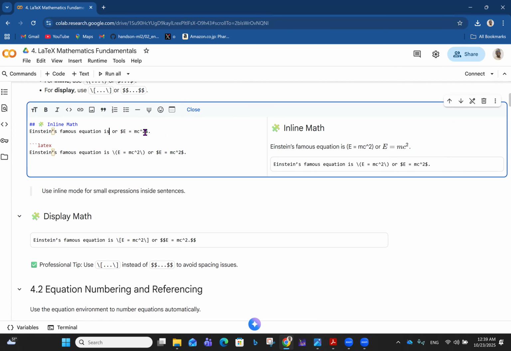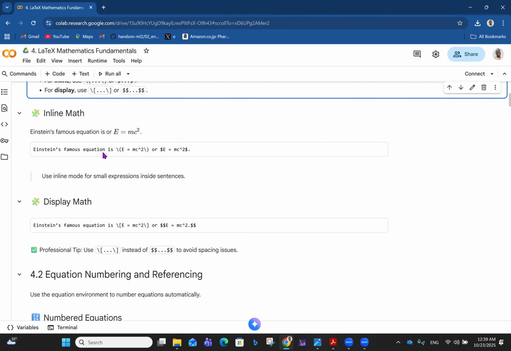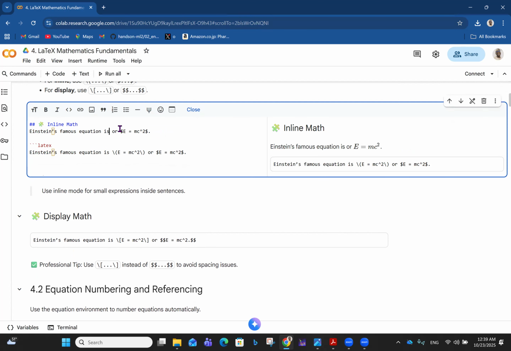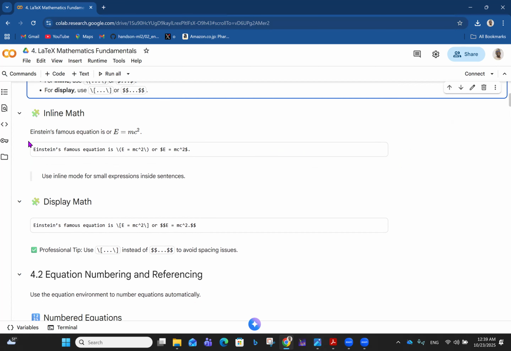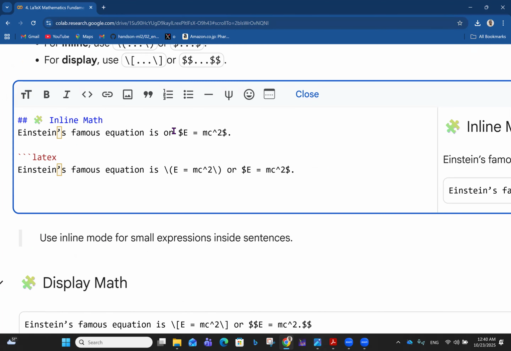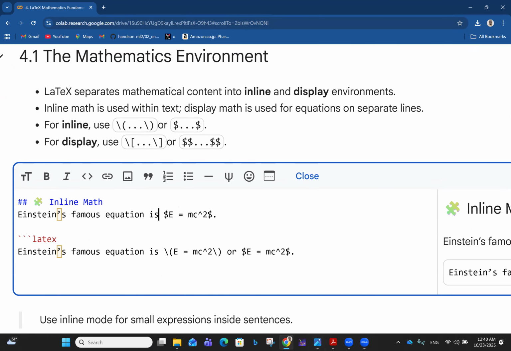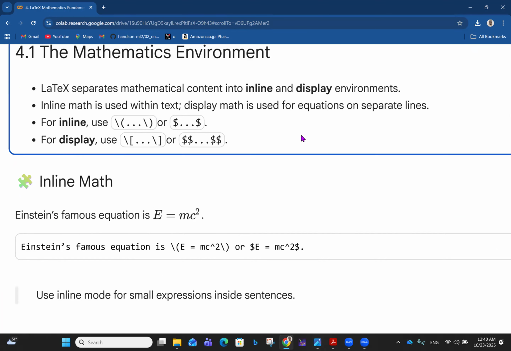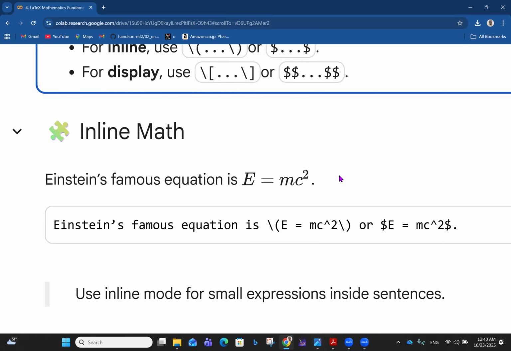It's called Markdown, of course, in this Google Colab. So dollar can work here directly, but the other one won't work here, though it will work in LaTeX. So anything that can work here, I put it here. Einstein's famous equation is E equals mc squared.